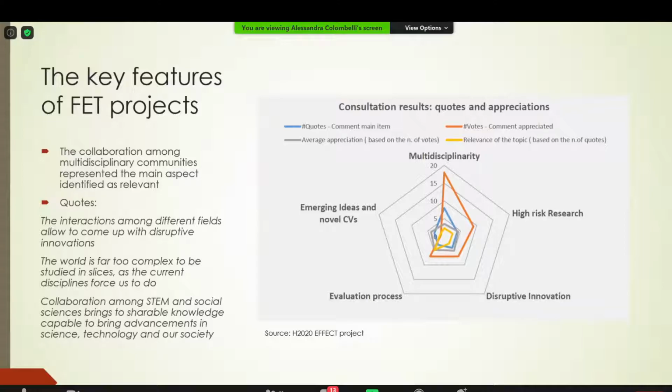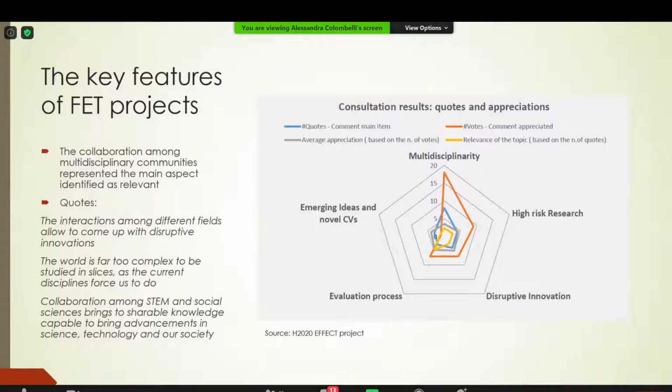But why? One of the reasons is, as you can see from the quotes I put in this slide, and in particular from the last quote, that the collaboration among STEM and social sciences can bring shareable knowledge capable of bringing advancement in science, technology, and our society.